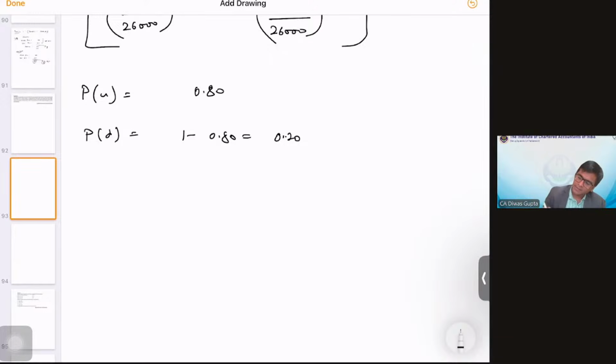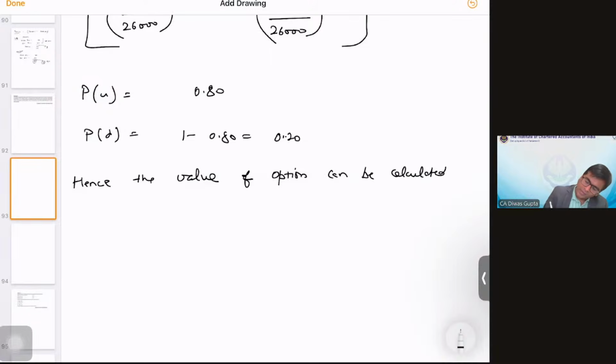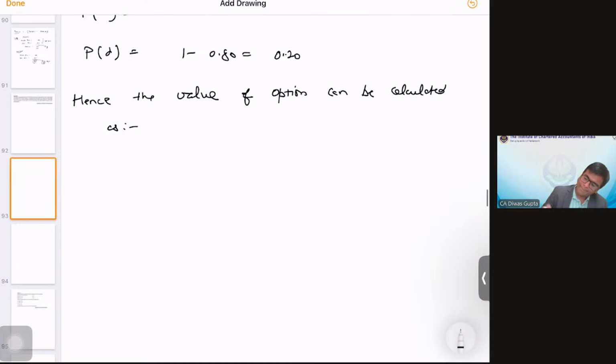Hence, the value of option can be calculated as, let's talk about the event first. Event is price is going up, price is going down.